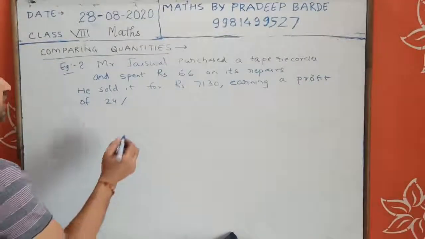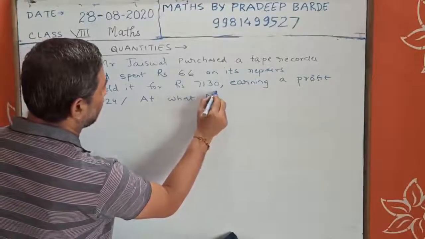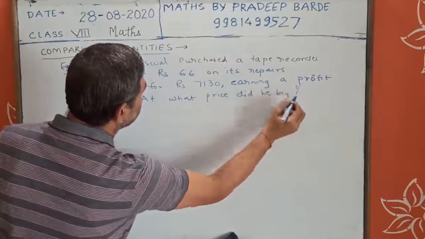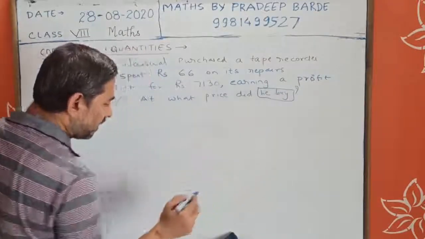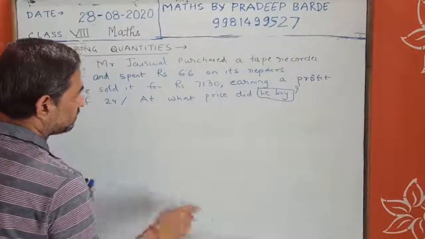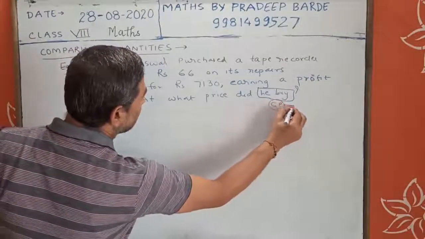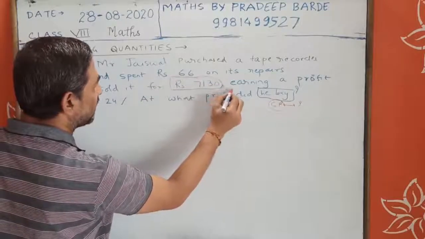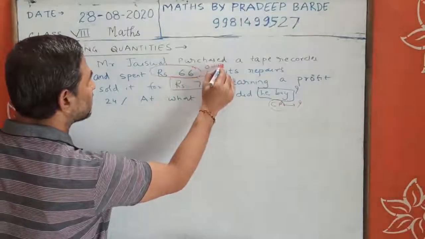At what price did he buy? That means here you have to find out the cost price. This is selling price. This is overhead expenses.